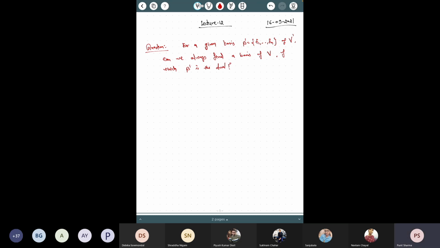So we'll try to answer this question in today's lecture. We'll answer this by considering the dual of the dual space. So that means the dual of v dash. V dash is also a vector space. So whatever we were talking about v, we can also talk about v dash. So let us consider the dual of v dash. That means the dual of the dual space. This is called the double dual of v. Okay. So let me just point this out.